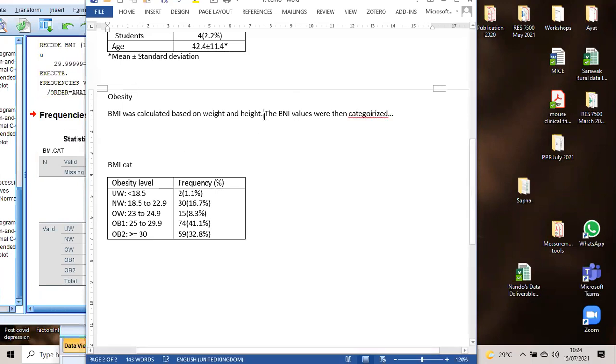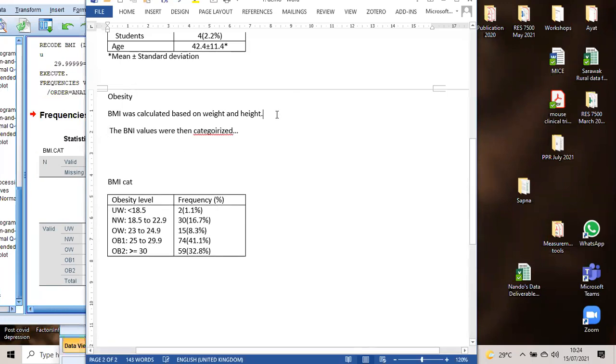In fact, you can say it was calculated as weight in kg over height squared. Whatever you want to write here.